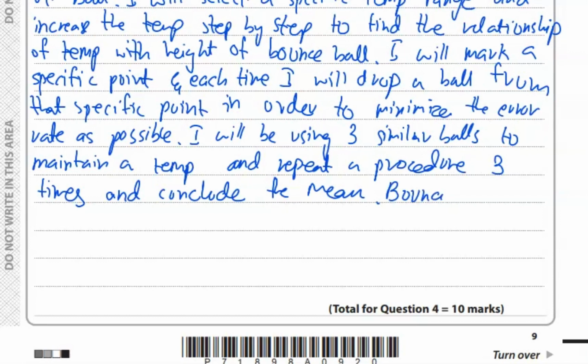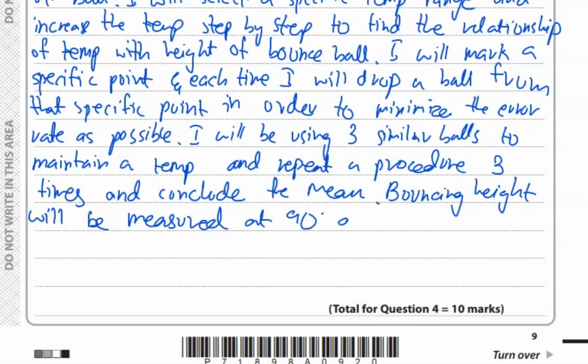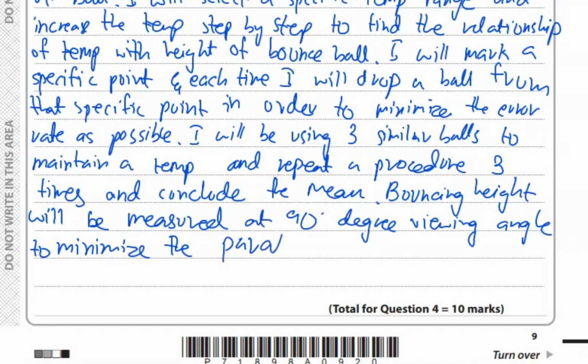Bouncing height will be measured at 90-degree viewing angle to minimize the parallax error.